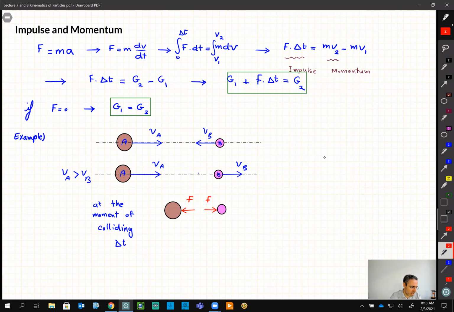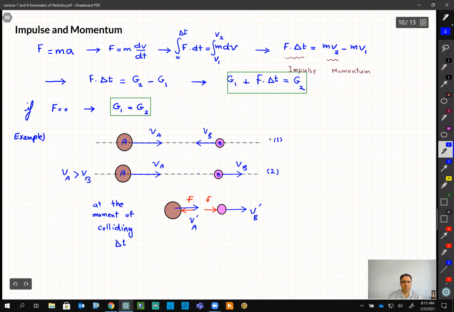And we don't know their velocities. Maybe this guy gets a new velocity, and this guy, we don't know. Maybe it returns back, or maybe it moves in the same direction. For now, let's assume that it goes in the same direction. This guy's velocity, let's call it V prime B, and this one is V prime A. Okay, so this is the scenario that we have. Either scenario 1 or scenario 2, it doesn't matter.